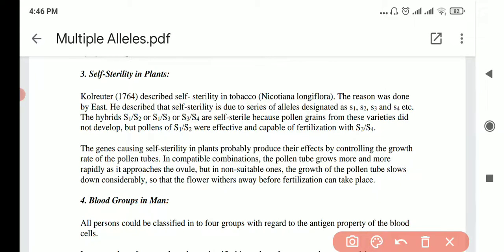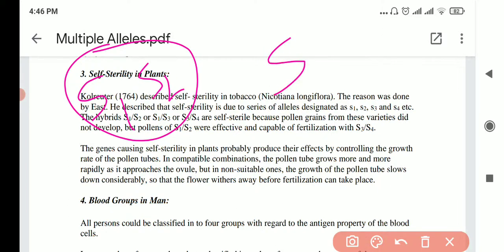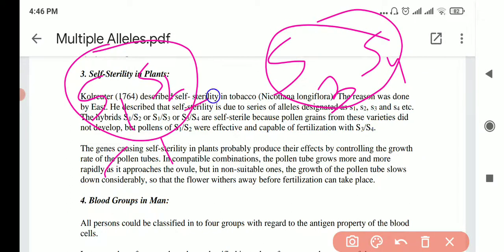So let's say this is a pollen S1. This is a pollen S2. Remember, a hybrid should be in pairs. S1, S2 pollen and S3, S4, this is also another pollen. These pollens landed on the style.